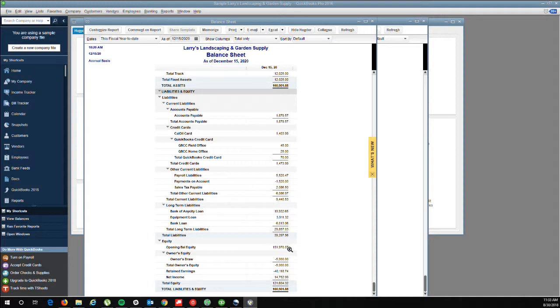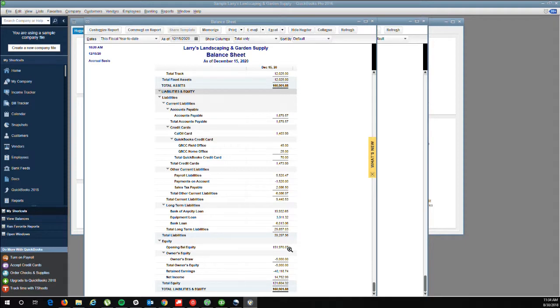So the opening balance equity is the opening balances of various bank accounts or credit cards that have nothing to do with the period that is being reported. I usually tell my clients, don't even worry about opening balance equity. Understand that it's there.